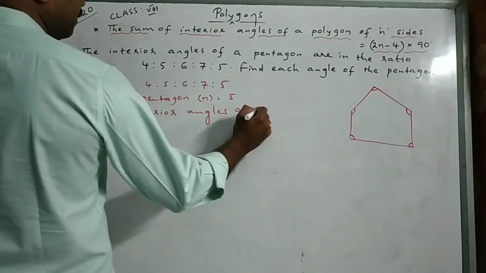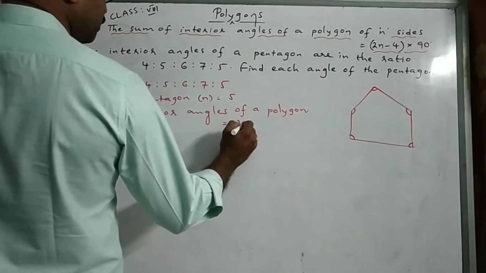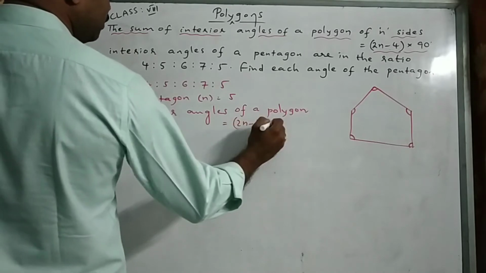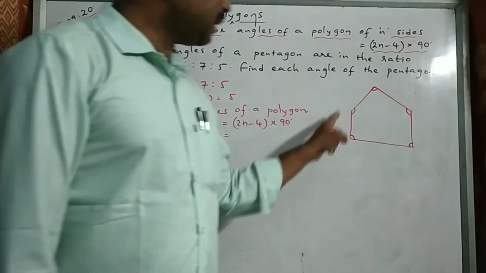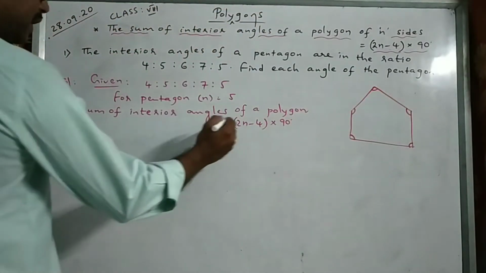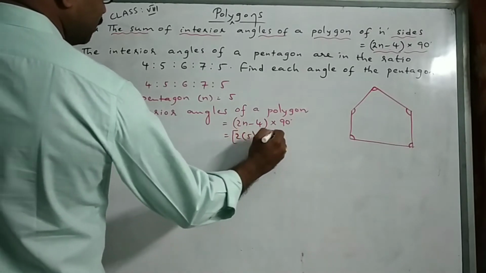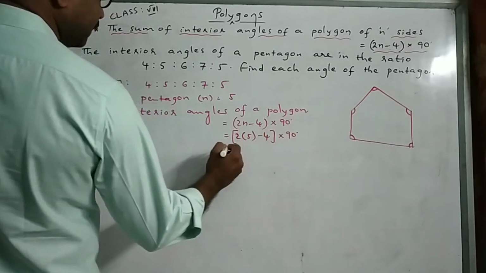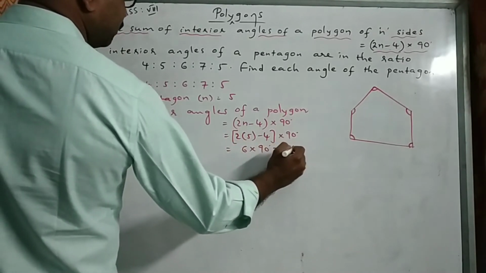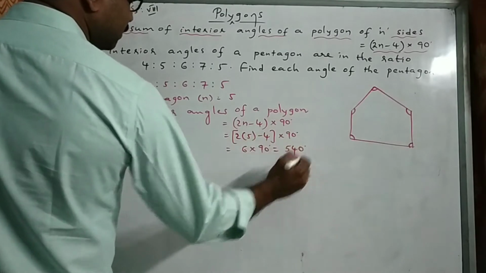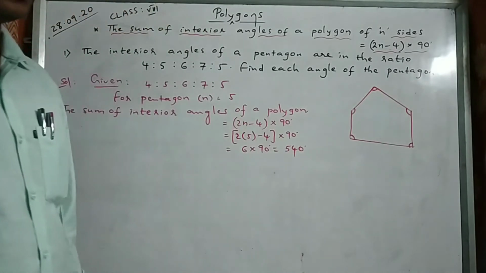Now for the pentagon, what is the sum of all these 5 angles? In the place of n, replace 5. 2 into 5 minus 4, into 90 degrees. 10 minus 4, 6, into 90. 6 nines are 54. So what is the sum of 5 angles of the pentagon?